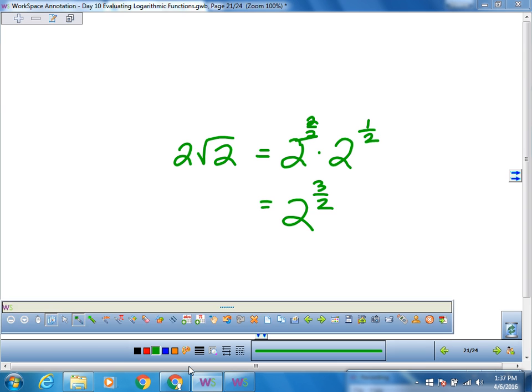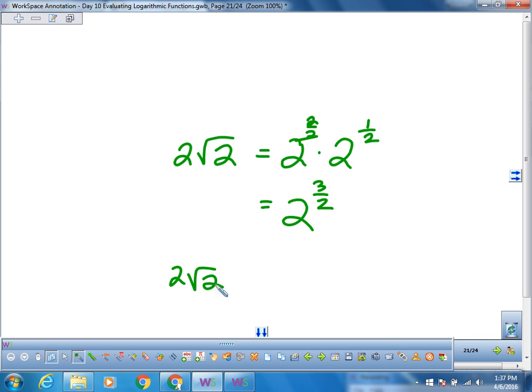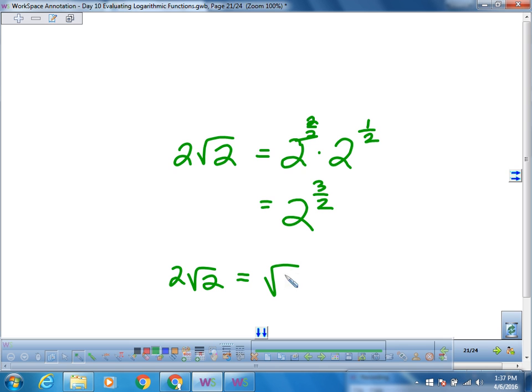I also could have looked at it like this. If I stuck that one back inside, what would it be? A 4? So 4 times 2 is 8. Isn't 8 just 2 cubed? Isn't that just 3 of them out of 2? Same thing? Okay, so we know that it's 2 to the 3 halves.